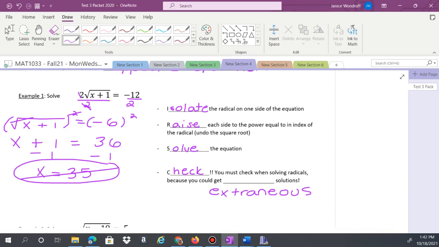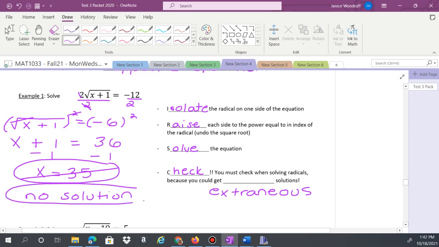So you have to cross it out. If there's no other solutions, then this is a no solution. Because 2 times the square root of 35 plus 1 does not equal negative 12. It actually equals positive 12.